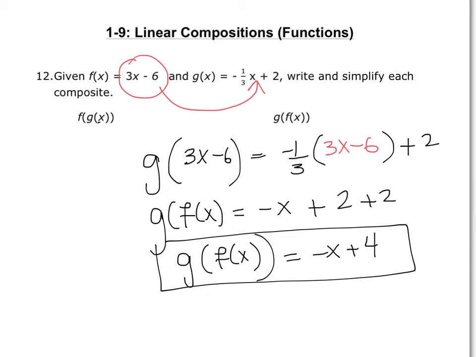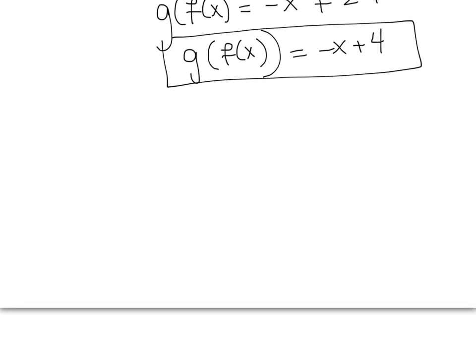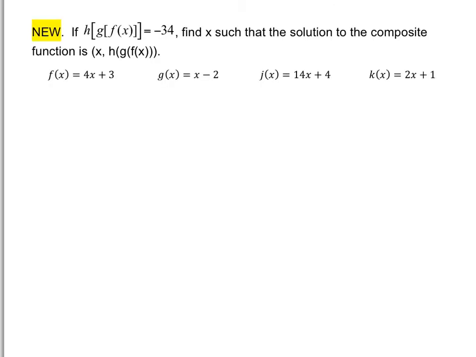Now let's move on to some other questions that are not on the notes sheet that you have, but I would like for you to add it to your notes. Now, for example, this one. So let's start with this one. As you can see here, they gave you a couple of functions, f, g, h, and k, and they're telling you find x so that h of g of f of x is equal to negative 34.